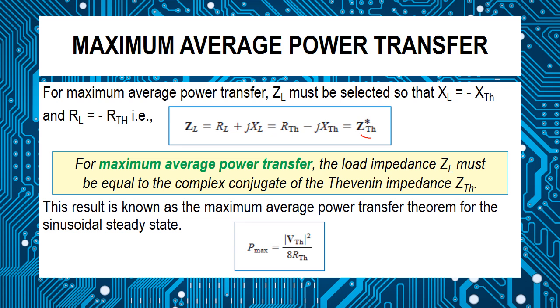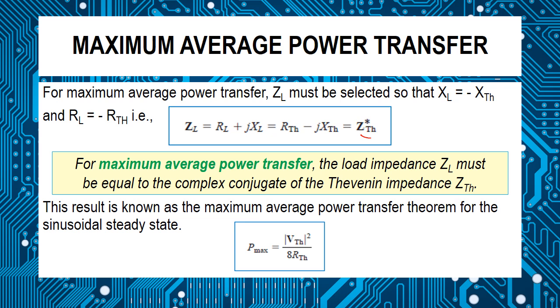For maximum average power transfer, ZL must be selected so that XL is equal to negative XTH, the Thevenin equivalent for the reactance, and RL is equal to RTH.